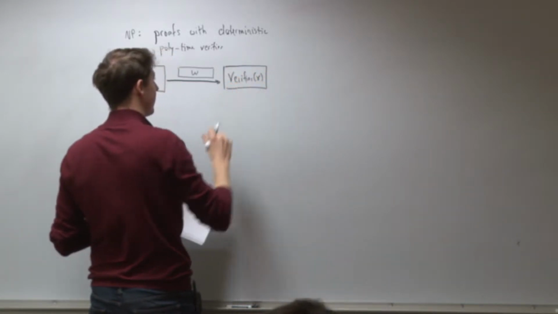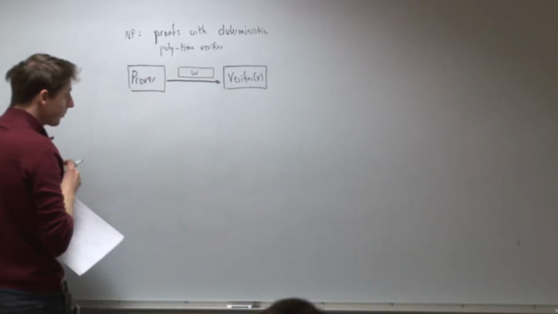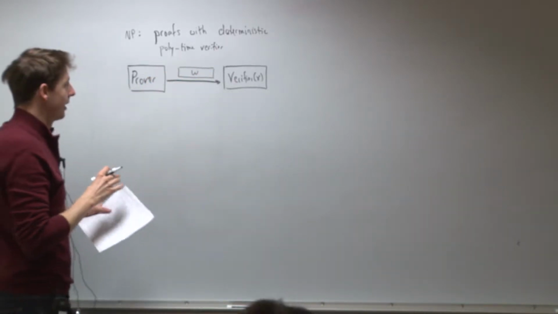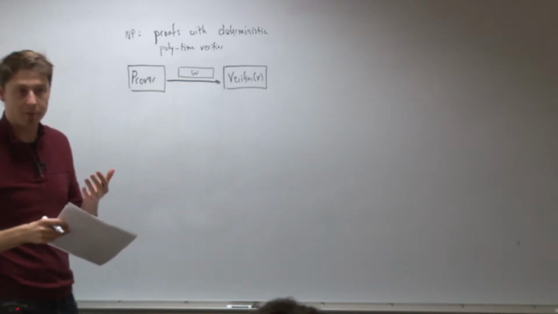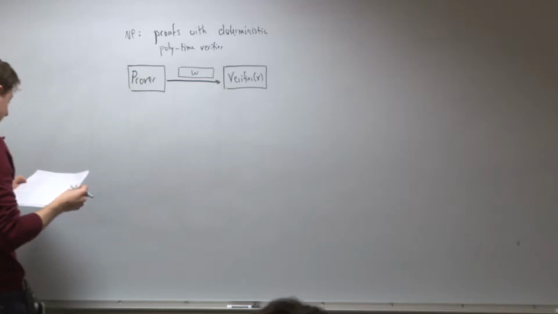The verifier is wondering whether x is in L, and it does so by basically reading this witness. Typically when you talk about NP, you just talk about the witness, but you can think about the prover as the thing that produces it.